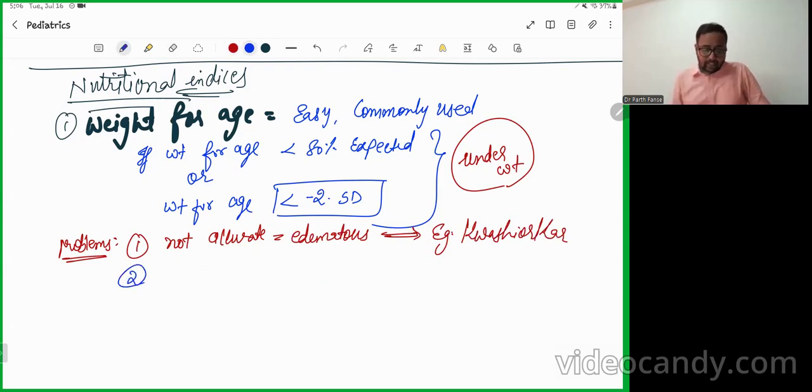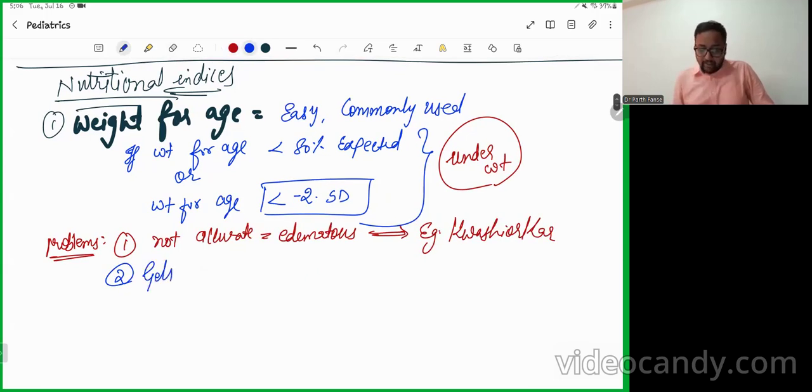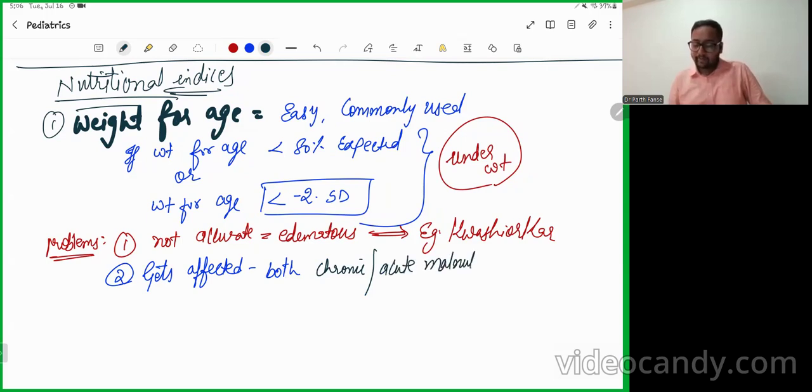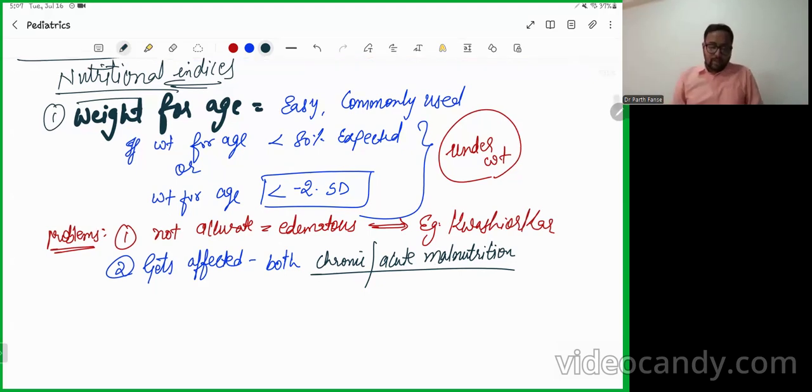Second, the value gets affected in both chronic as well as acute malnutrition. Weight for age is affected in both acute and chronic malnutrition, and these values are not accurate if a child is edematous, for example kwashiorkor.